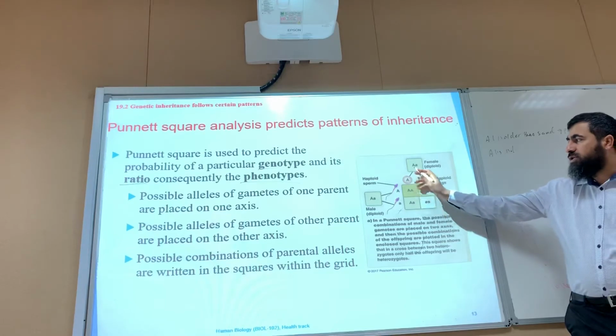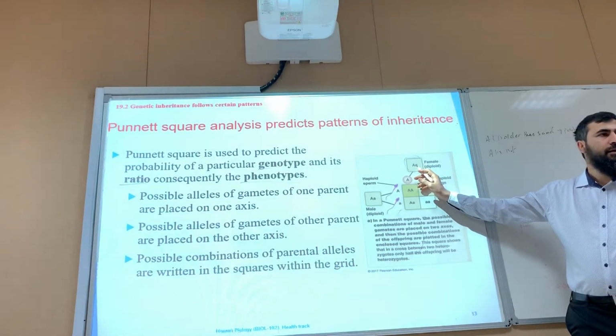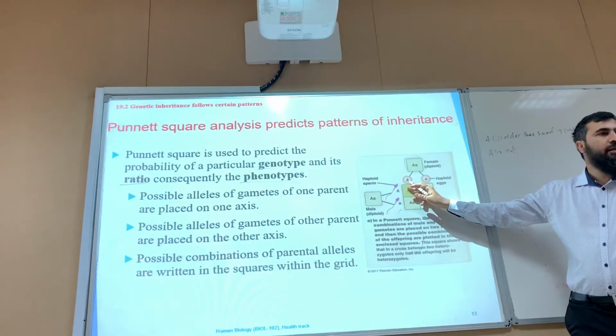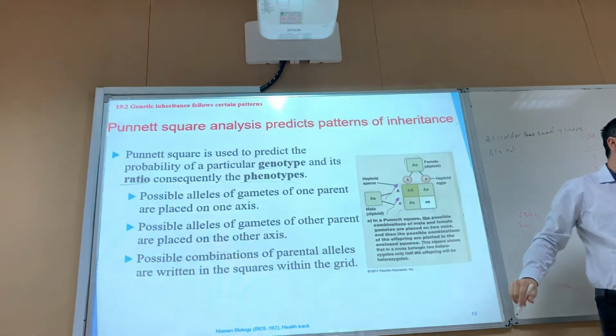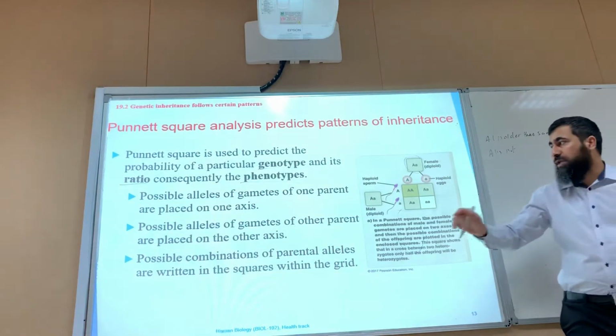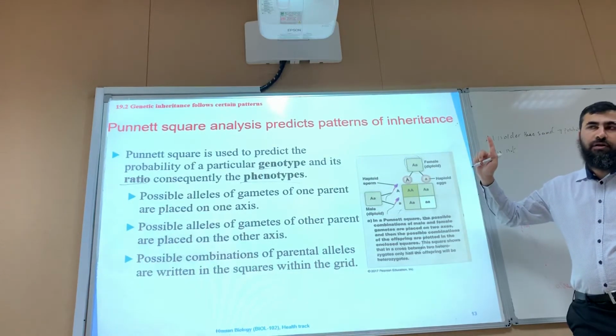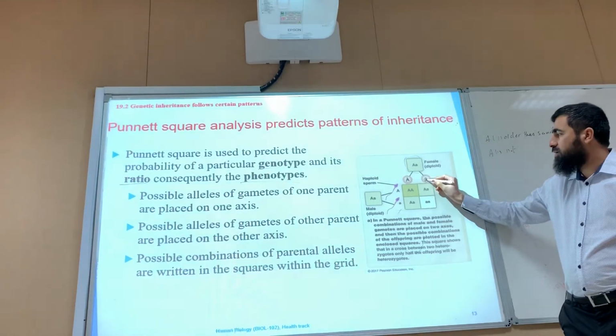So if the female is capital A, small a, the gametes will carry only one of those alleles because they separate. So the gamete will contain only one. We write in this egg, for example, dominant A, and this one, small a.